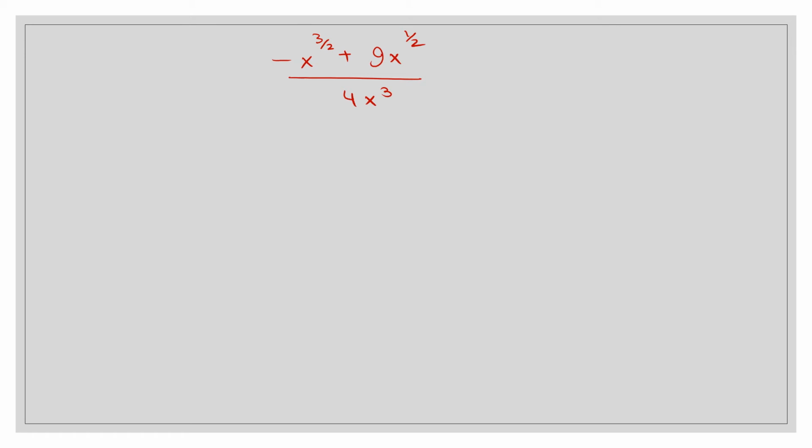This is my second derivative. Set the equation equal to 0. When you bring the denominator on the top, the whole thing will be equal to 0 and you will have negative x to the power 3 by 2 plus 9x to the power half.